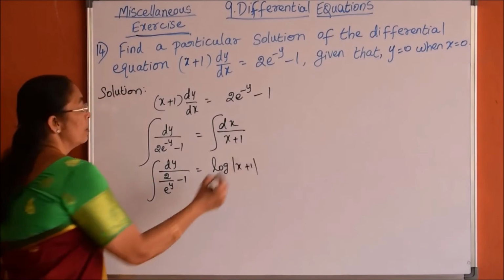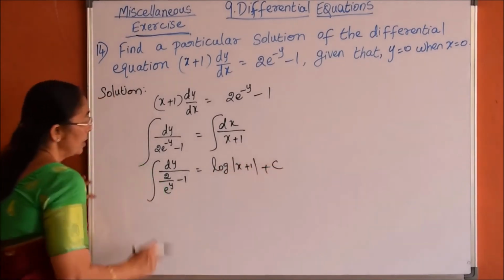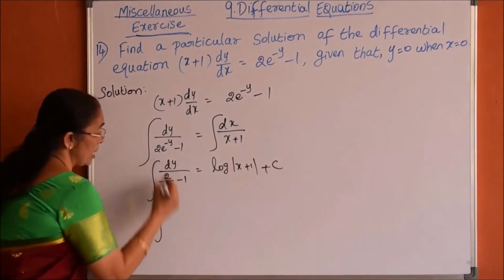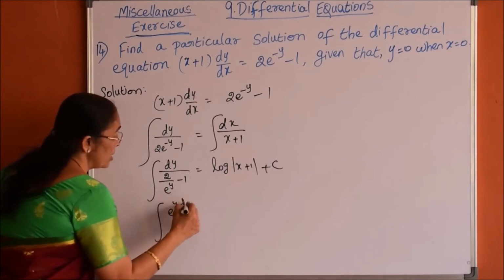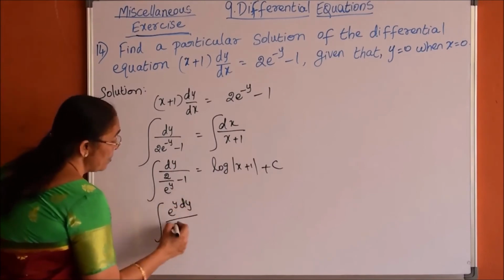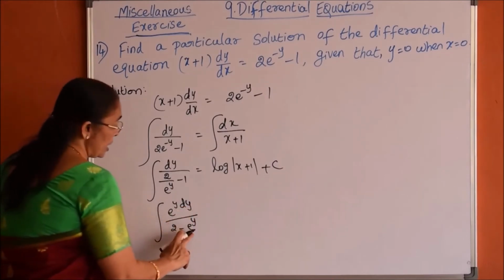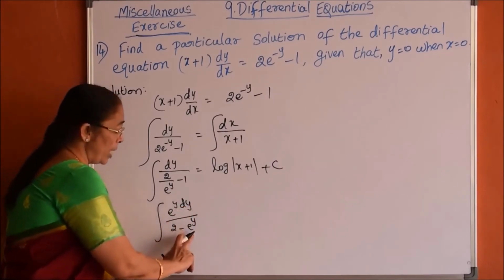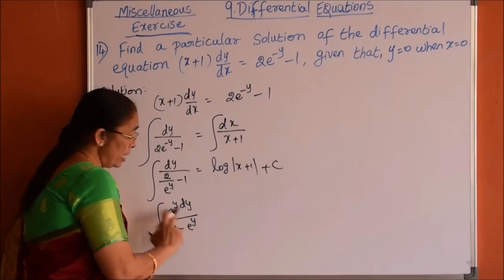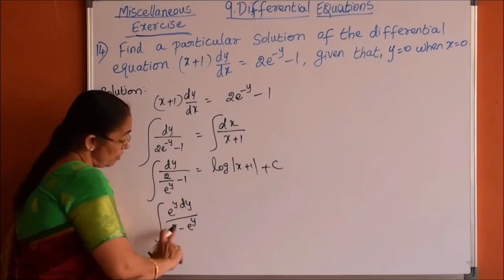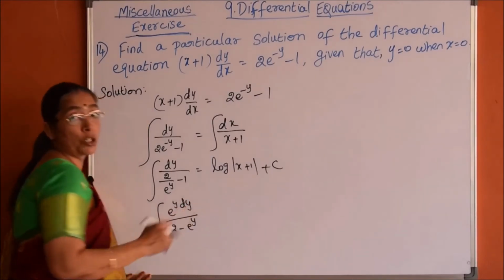You can add c here. Now, by taking LCM, e power y dy divided by 2 minus e power y.